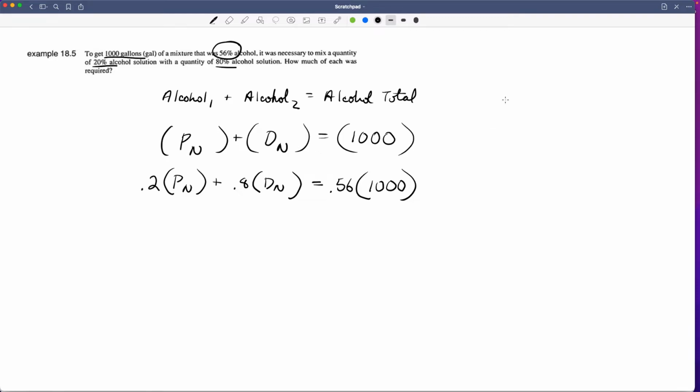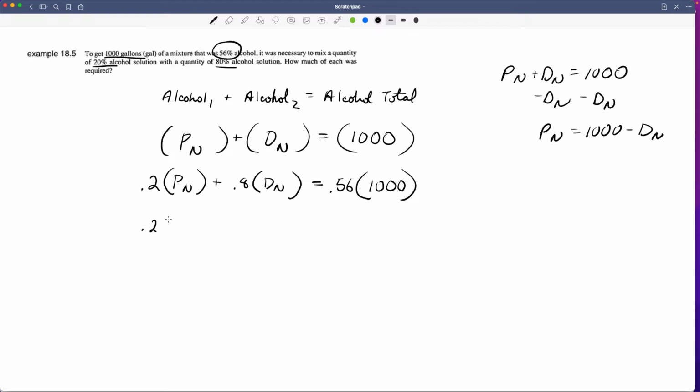For Pn, I can take Pn plus Dn equals 1,000, which is this one right here, and I can subtract Dn from both sides. So Pn is equal to 1,000 minus the amount we dumped in. Okay, so that's what I can substitute for this and for this.